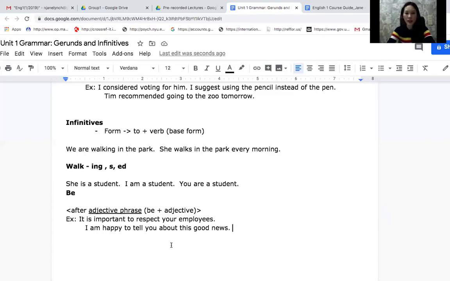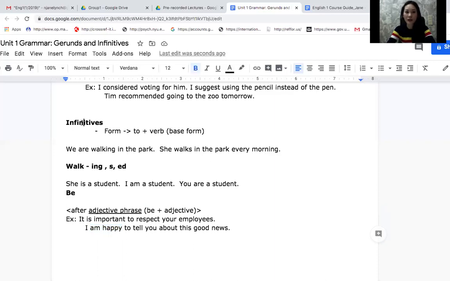What is the adjective phrase that you see? The adjective phrase in this sentence is "I am happy", right? Because happy is an adjective. Why is it an adjective phrase? Because it's used with a verb to be. I'm happy. This is an adjective phrase, but that's not the important point.